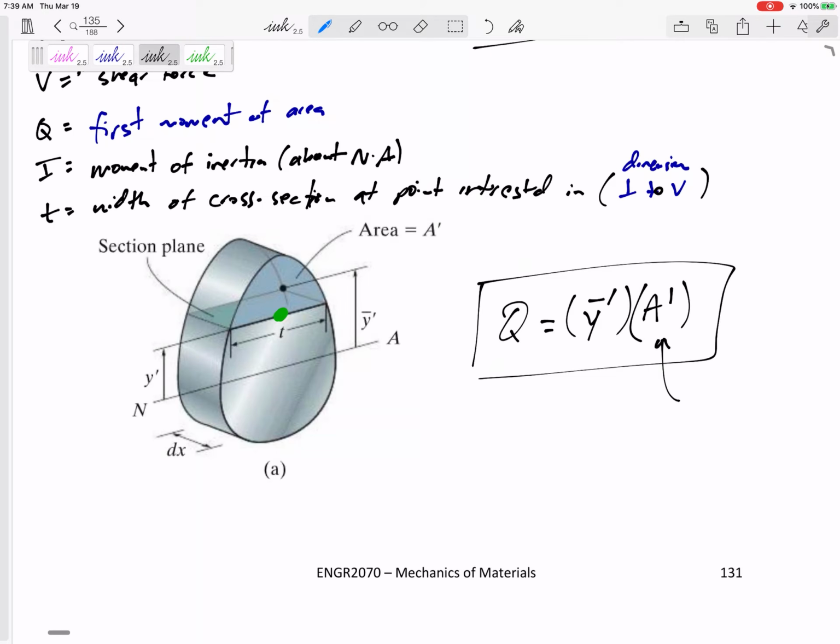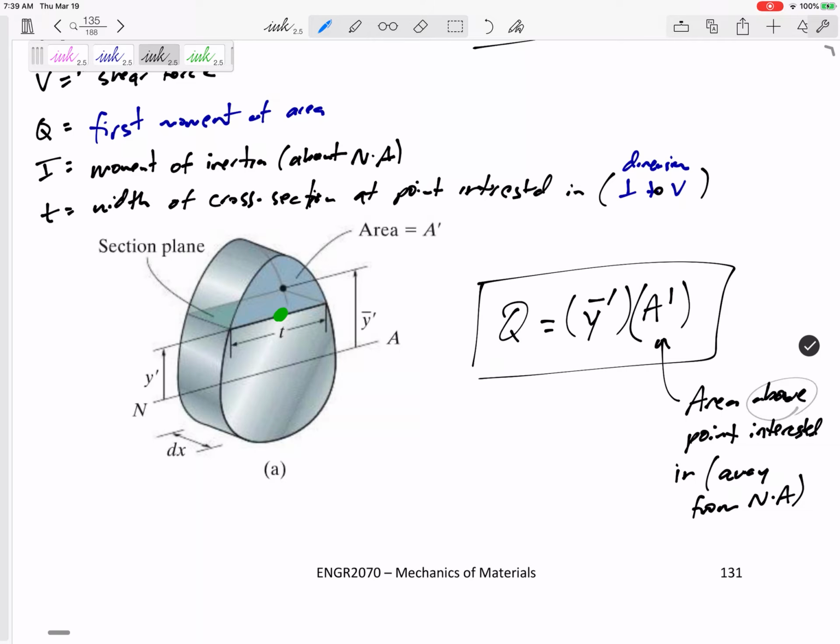First, let's expand on A prime. A prime is the area above the point you're interested in and away from the neutral axis.